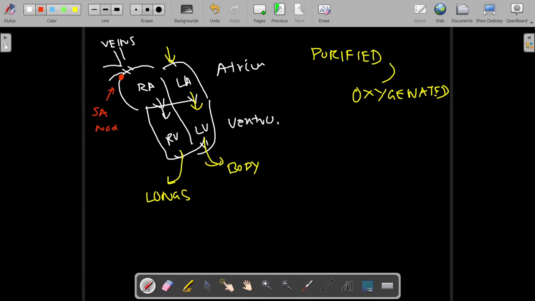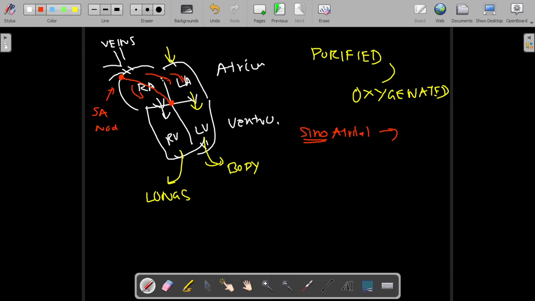SA node is called the sinoatrial node. Sino means starting, so here the pulse originates. Initially, that is the point when your atrium is filling with blood. Once the blood is filled, the impulse travels from the right atrium across, conducting all over your heart muscles.